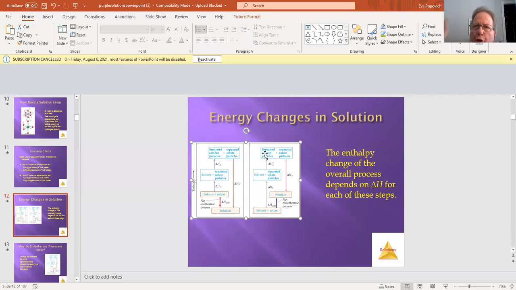When my solute gets into the holes of the solvent, that portion is going to be exothermic. But if putting the solute in the solvent holes is going to be less energetic than separating them, then I am going to have an endothermic process. It's going to take energy to do this.